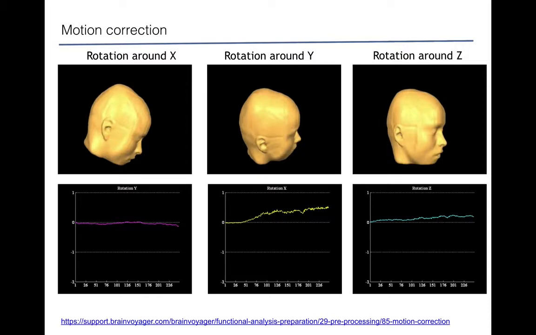And the changes due to motion can easily mask that. Let's assume you have two neighboring voxels with different intensities, and let's say your resolution is 3 millimeter.